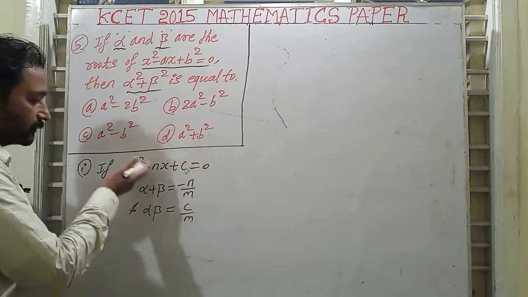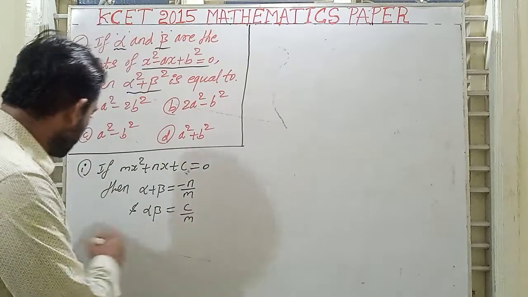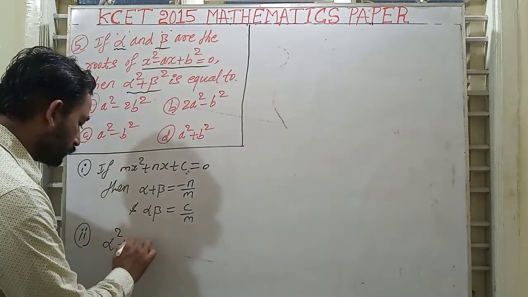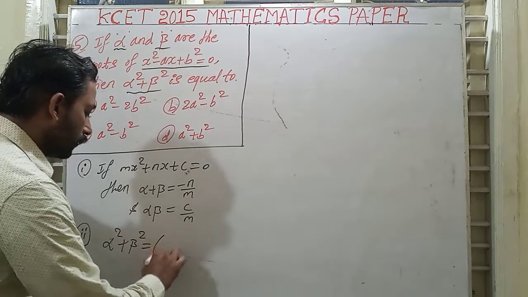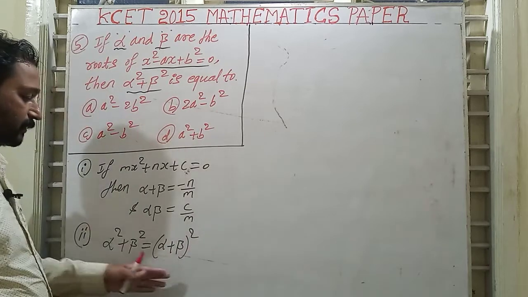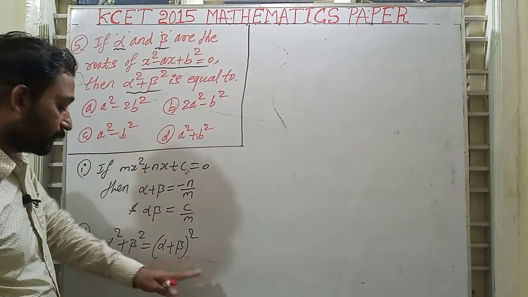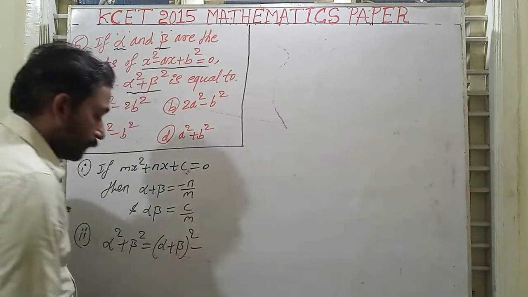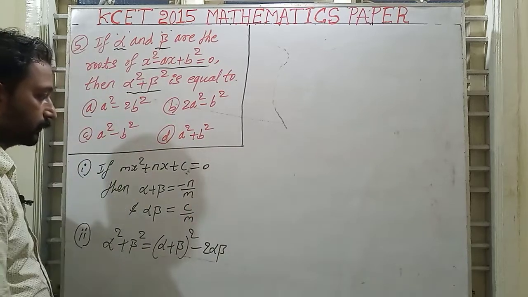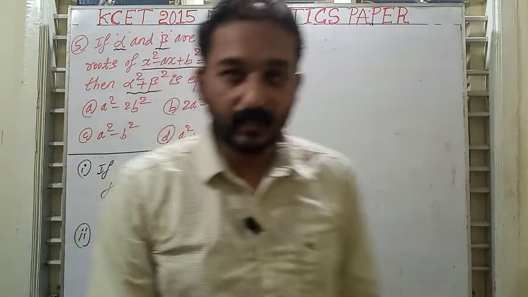One more formula: alpha square plus beta square can be written as (alpha plus beta) whole square, which is alpha square plus beta square plus 2 alpha into beta. So we do not need 2 alpha into beta, for that we subtract 2 into alpha beta. So using these 2 formulas we have to find out the value of alpha square plus beta square.